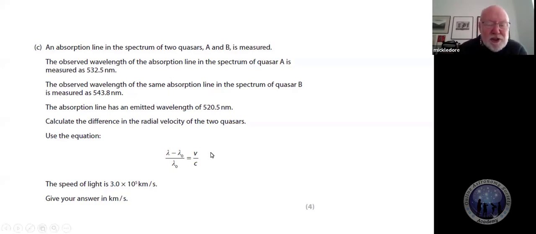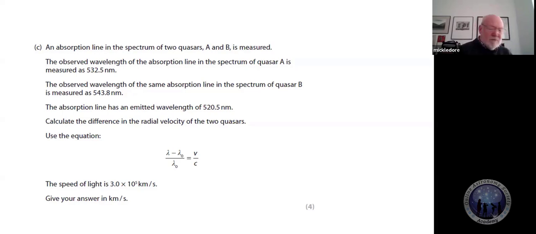Right, we're going to use the formula twice. Lambda minus lambda naught over lambda naught is v over c. Remember, we had a z equals earlier, just to tidy things up. So the wavelength is, I'll do the top one, 532.5, take away 520.5, divided by 520.5.